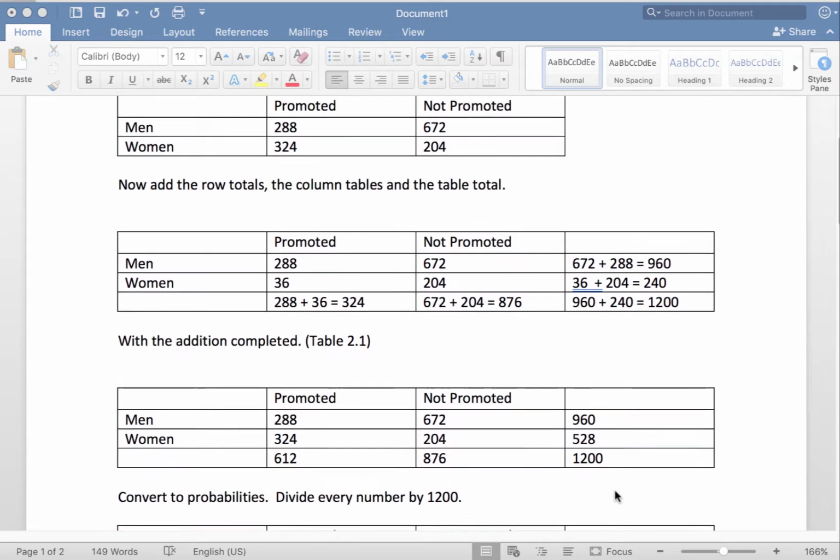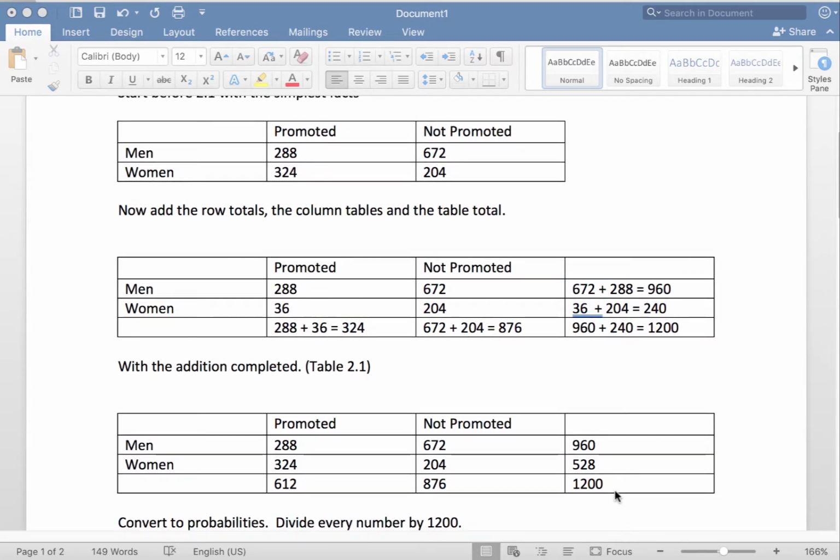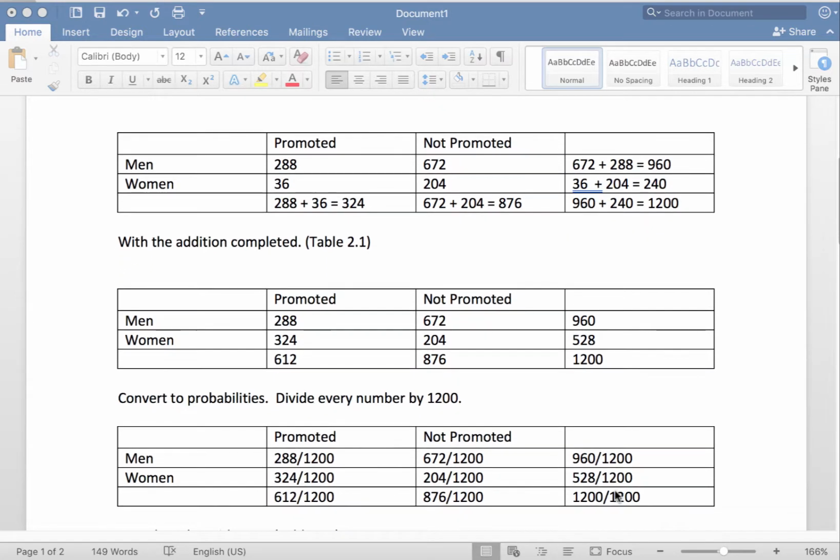So this is what it looks like. This is really getting to table 2.1. Now, to convert to probabilities, the scenario that you're thinking of here is that you're going to pick one person at random from these 1,200 people. If you divide all of these cell counts by 1,200, you get the probability of being in that particular cell.